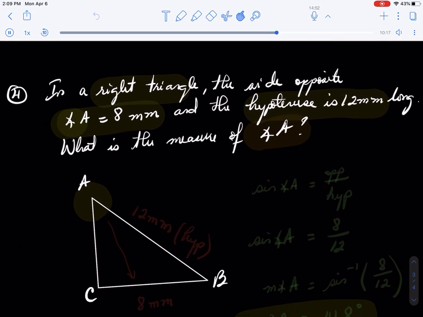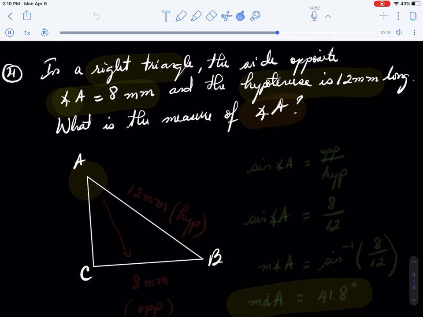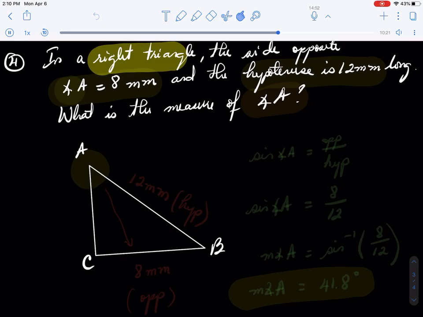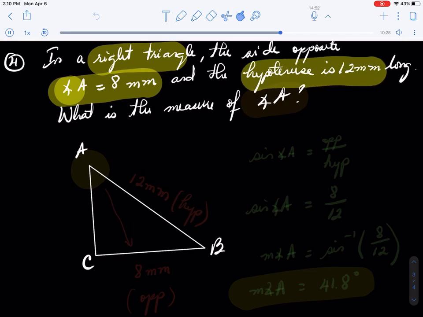Okay, this question asks, in a right triangle, the side opposite of angle A is 8, and the hypotenuse is 12. The question asks you to find the measure of angle A. On your calculator, in order to find the angle, it has to be either second or shift, and then sine, cosine, or tangent.